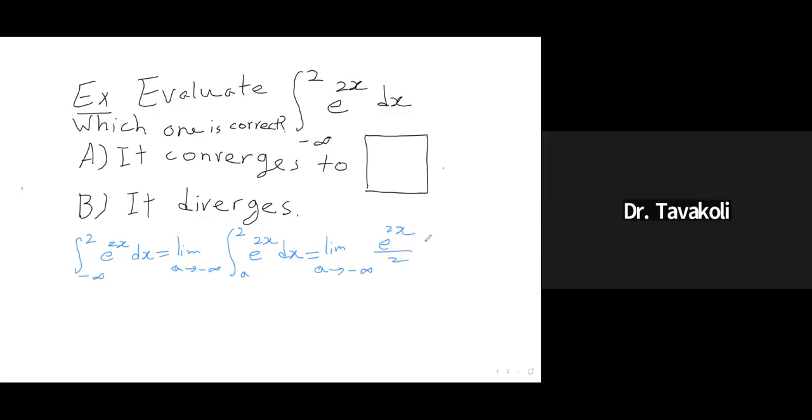In general, the antiderivative of e to the power of kx is e to the power of kx over k. Then we need to evaluate at the limits of the integral.